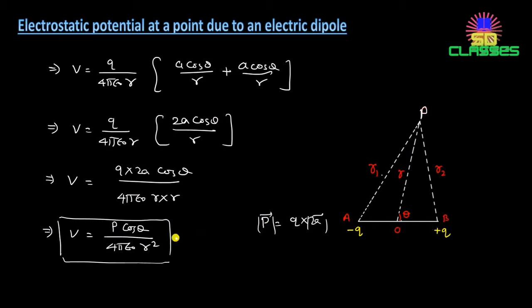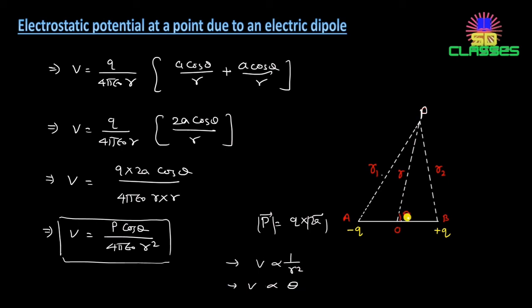Okay, so from this expression we can say that the potential depends on 1 by r square. So it depends upon the square of the distance between the dipole and the point where you want to find the potential, and V also depends upon theta. Now I will take some special conditions by taking some values of theta.